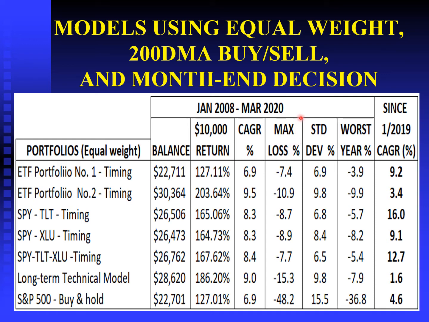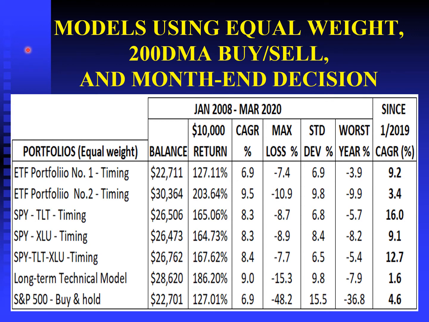Again, remember that from January 2008 to March 2020, we had 2 major declines plus some substantial volatility in 2015. You have the maximum loss. You have the standard deviation, which is the volatility of the portfolio, what is the worst year, and then this is the return on a shorter term basis from January 2019 to March 2020. I forgot to say that when you sell, you just put the money in cash.